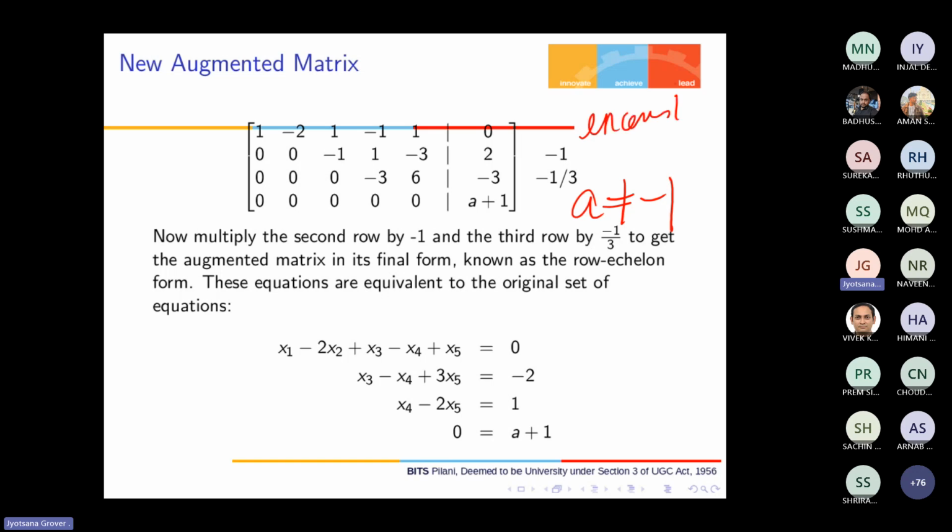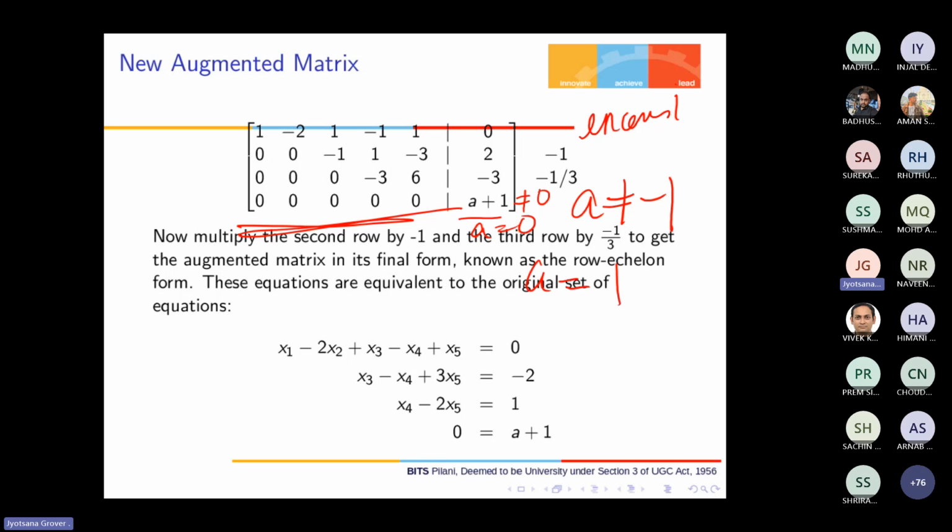Because if A is not equal to minus 1, say A is 0, it is going to be 1. If A is 1, it is going to be 2. So if you give any value to A other than minus 1, it is inconsistent, because this is non-zero and here you are getting 0.